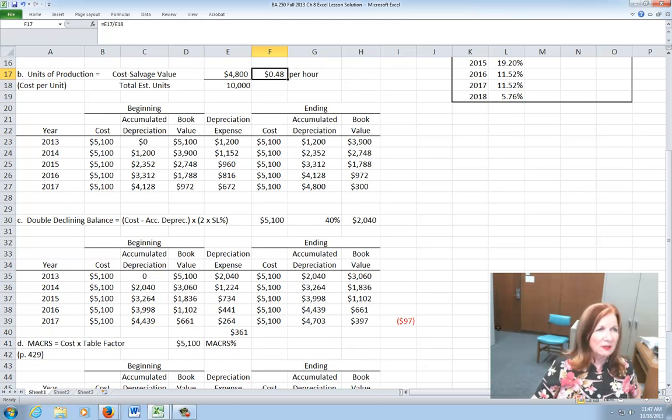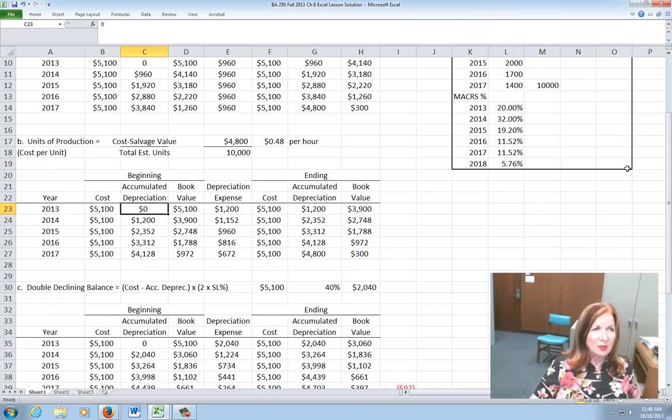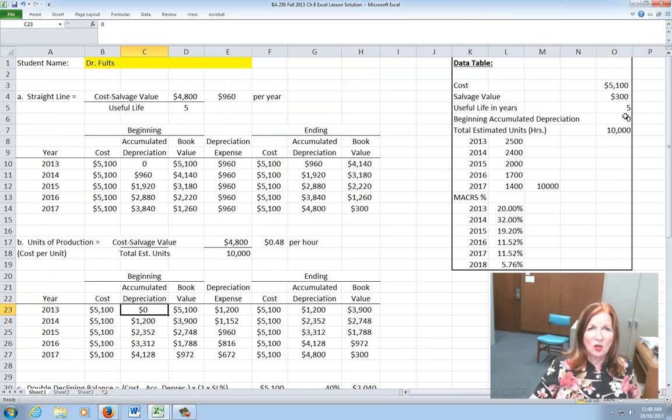So over here I have the cost, and again I can put that in as a constant and drag it down, because the cost is never going to change throughout the life of this asset. It's what we paid for it. And so then the beginning accumulated depreciation is always 0.